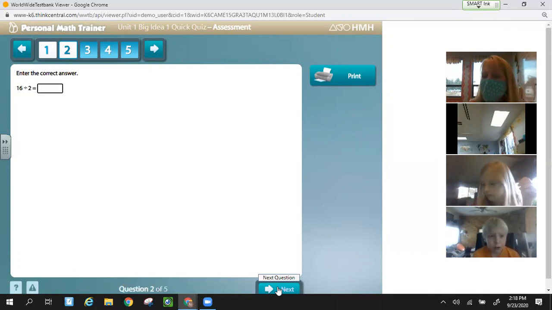Okay, if you are at home, what Sawyer is saying is what times 2 equals 16. He wants to use the inverse operation. He wants to use his fact families to help him. So if you know it, write it on your board. If you don't know what times 2 equals 16, here's another way of figuring it out. 16 divided by 2. How many 2's are in 16?